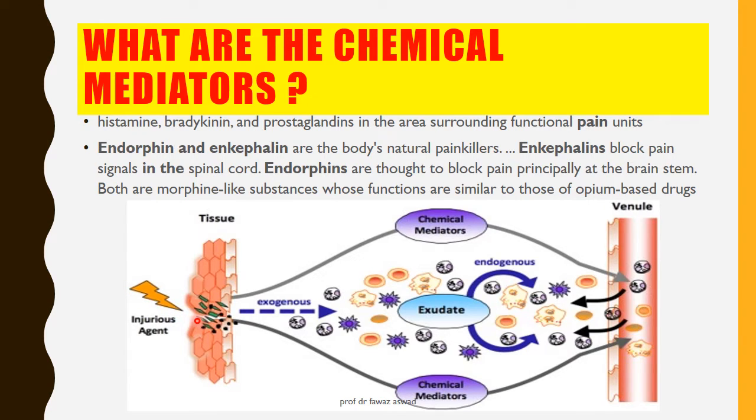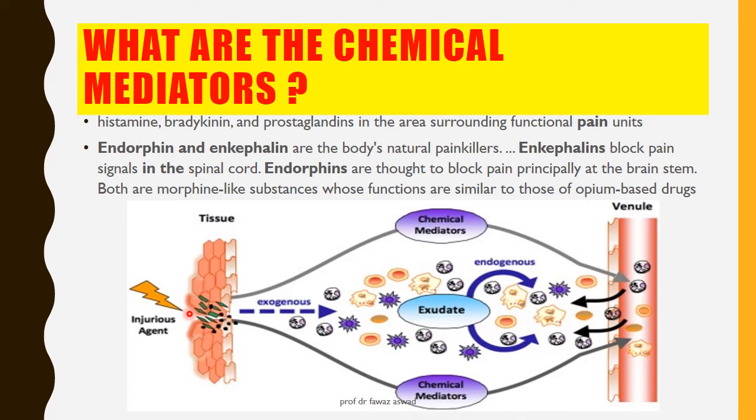And these chemical mediators act in two ways: histamine, bradykinin, and prostaglandin in the area surrounding the functional pain unit. But as part of the body's defense mechanism, it is also going to produce natural painkillers.